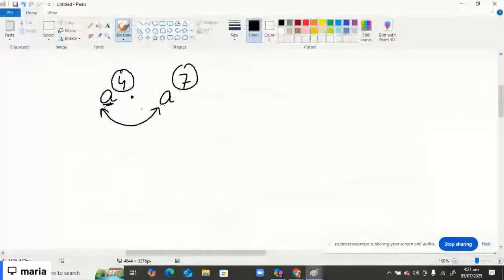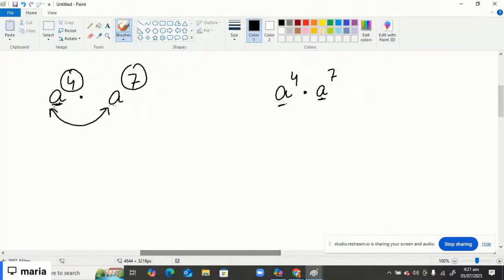If the bases are same, for example here in form of bases, let's suppose a power 4 dot a power 7. It means that this base and this base is same. Let's suppose I'm going to take this base as 2 and 2. 2 power 4, then 2 power 7.